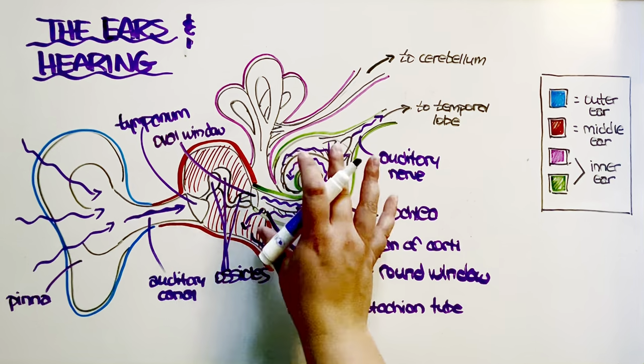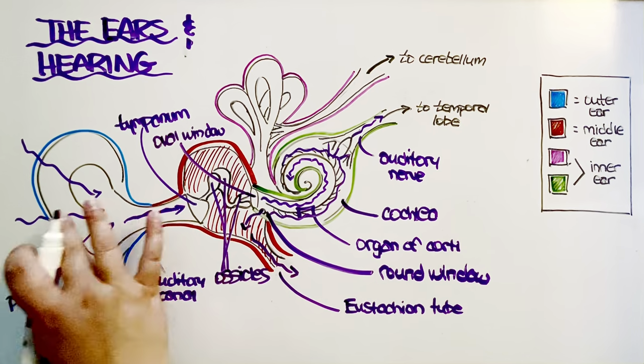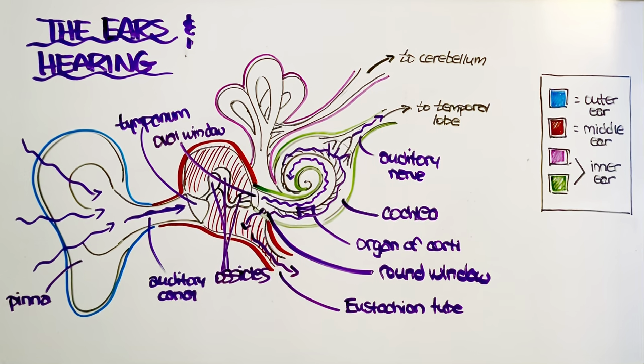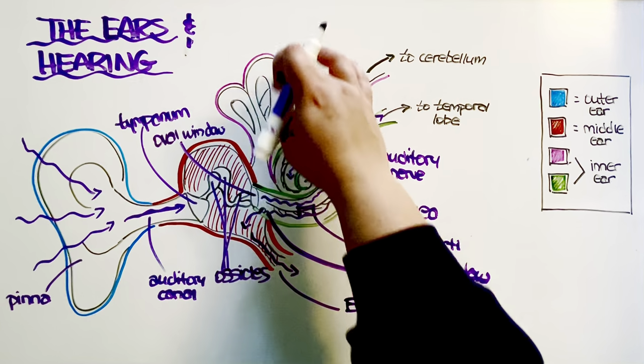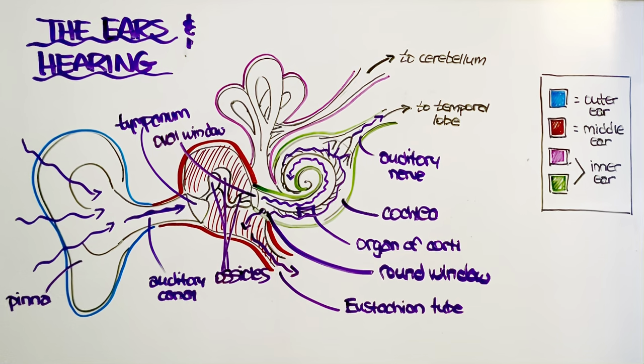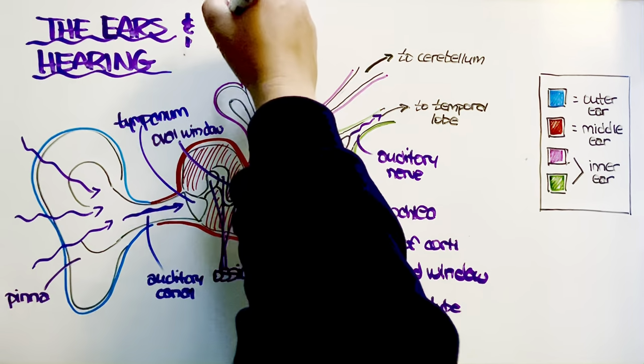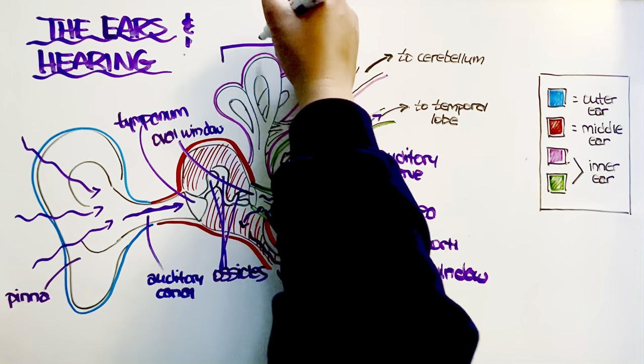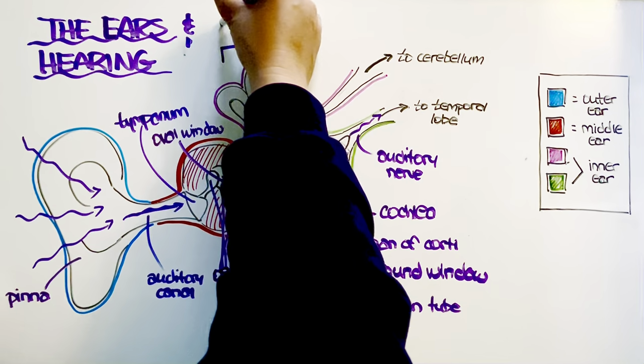Okay, so that is the process of hearing. Every structure I just labeled has an important role in delivering an action potential to the brain to be interpreted. But like I said, there's some other structures in this inner ear, and we actually sometimes refer to these structures as the labyrinth because they are so complex. For our purposes, we call these big, long, windy tubes at the top the semicircular canals.